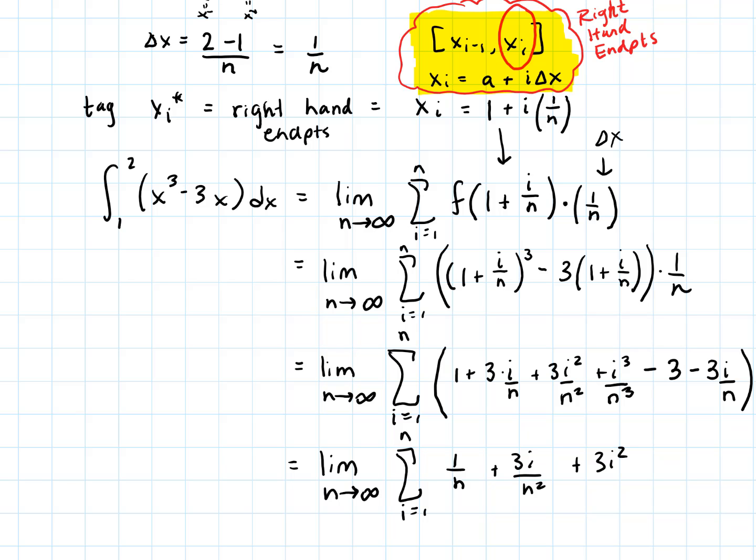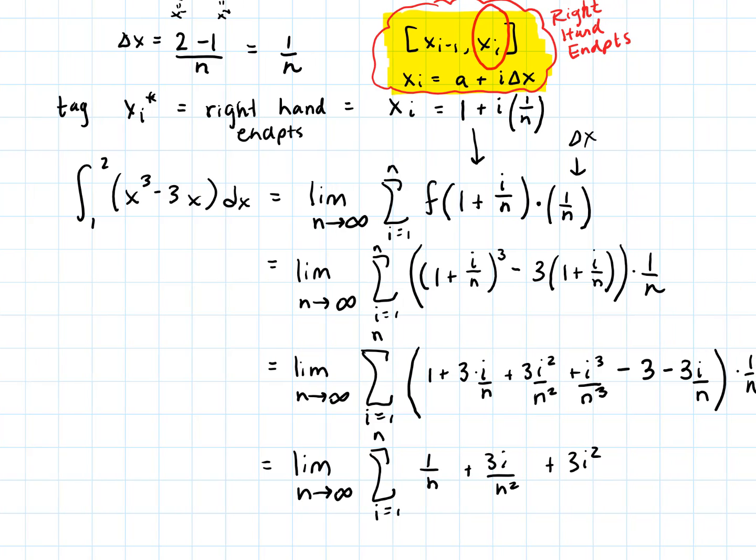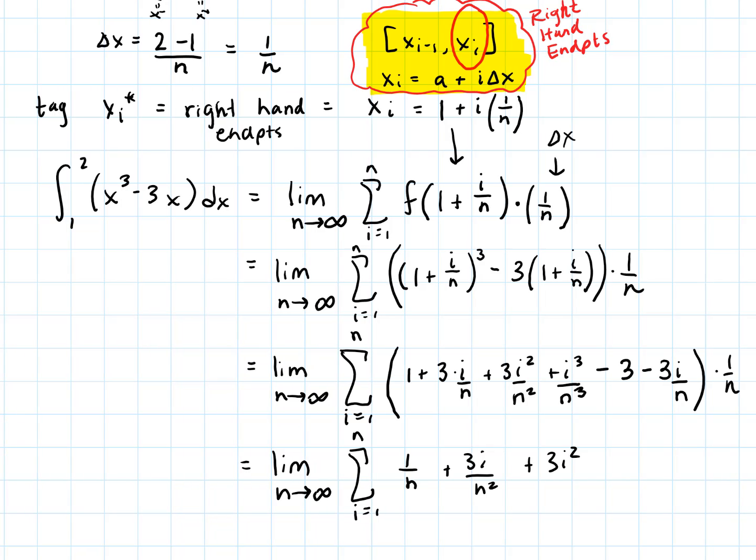Oh, you know what? Let's go ahead and combine like terms before we do that. I just caught that.